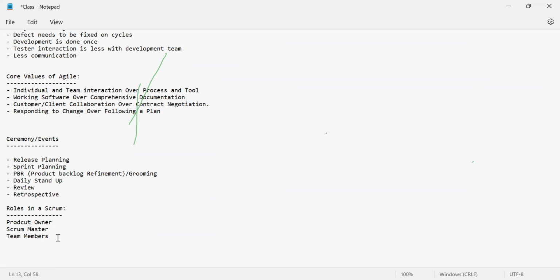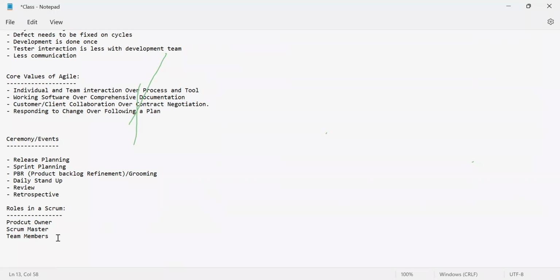The Scrum Master manages everything. He acts as a bridge. He makes sure that the Scrum, what is Scrum? Scrum in agile is a framework.